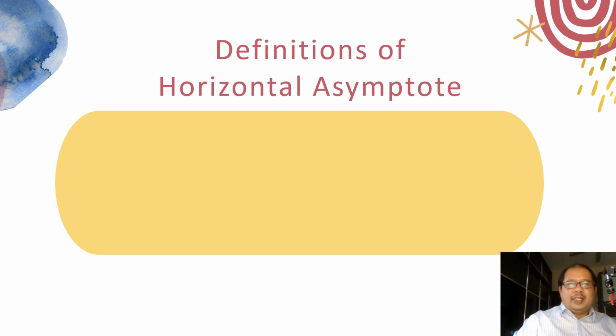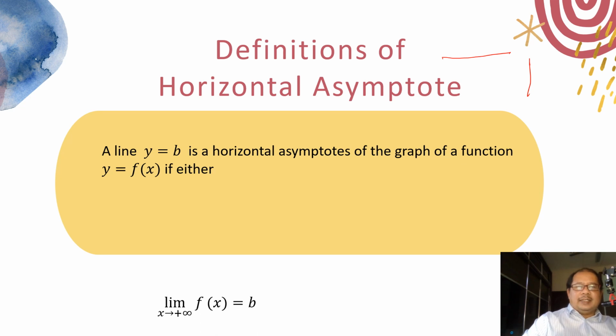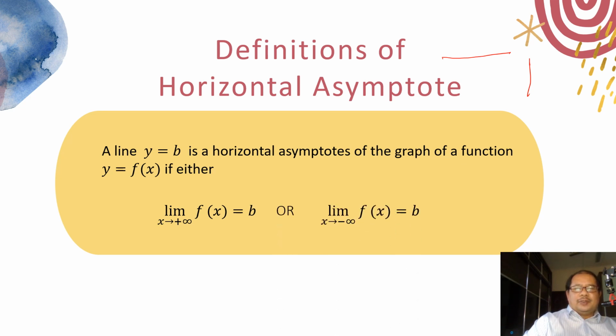Okay, definition of horizontal asymptote. Horizontal adalah garis yang mendatar. Vertical tadi ialah menegak. Okey, ni takrif bagi horizontal asymptote. A line y equal to b is a horizontal asymptote of the graph of the function y equal to f(x) if either limit x approaches positive infinity f(x) equal to b or limit x approaches negative infinity f(x) equal to b.